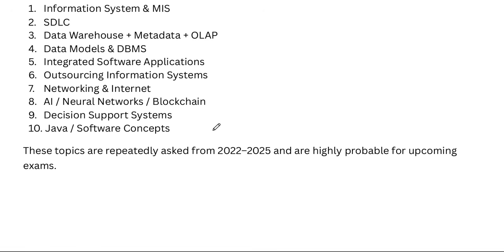The ninth one is decision support system, DSS. Tenth one, Java and different other software concepts. These topics are repeatedly asked from 2022 to 2025 and are highly probable for upcoming exams. So please do refer to these questions, and after learning, make sure that you have learned these questions.